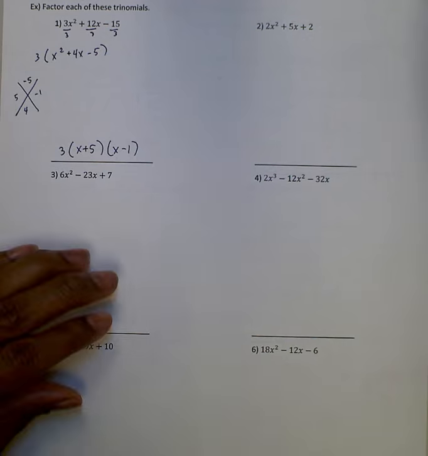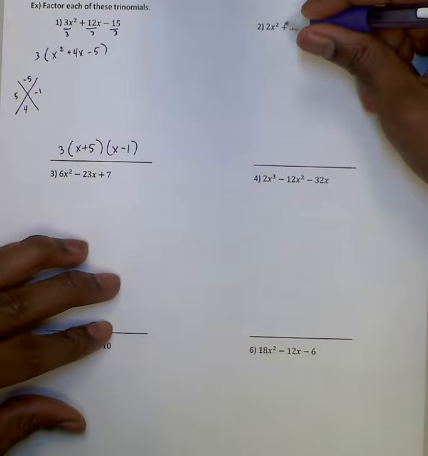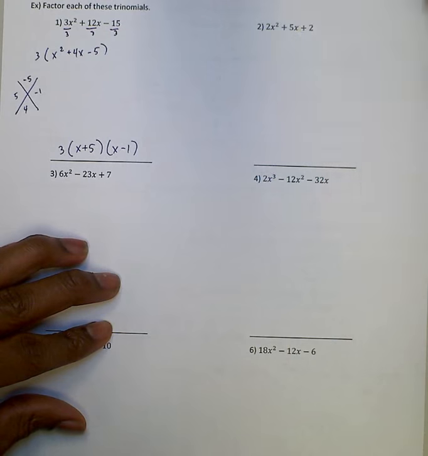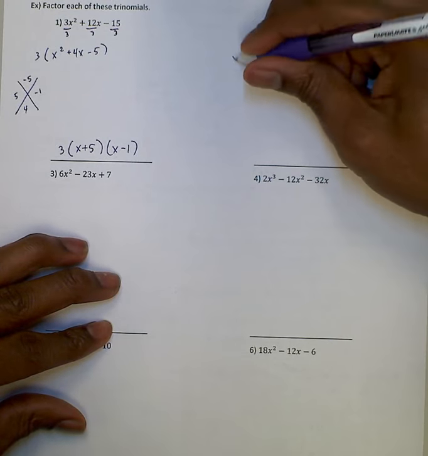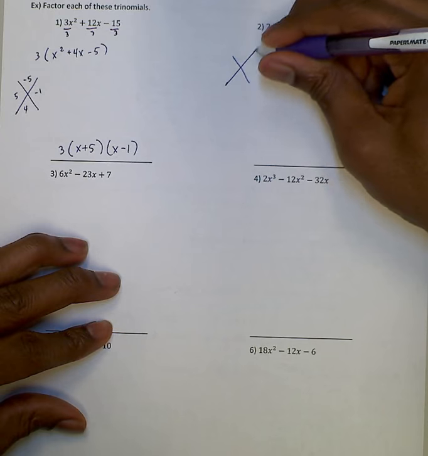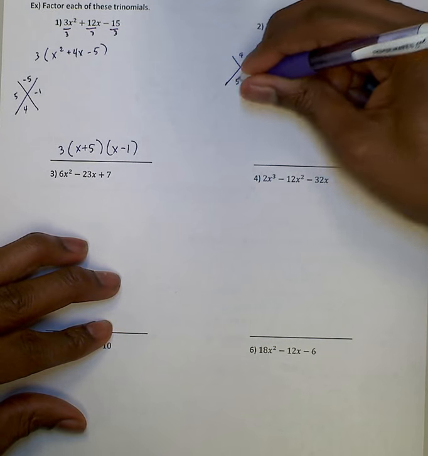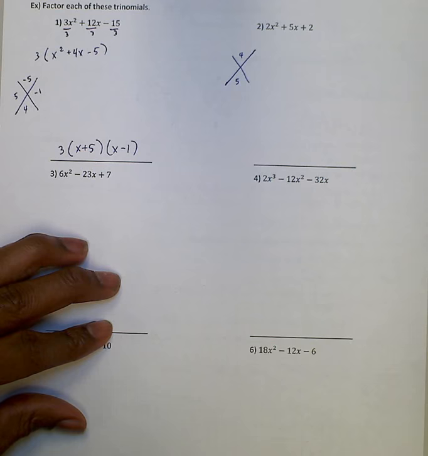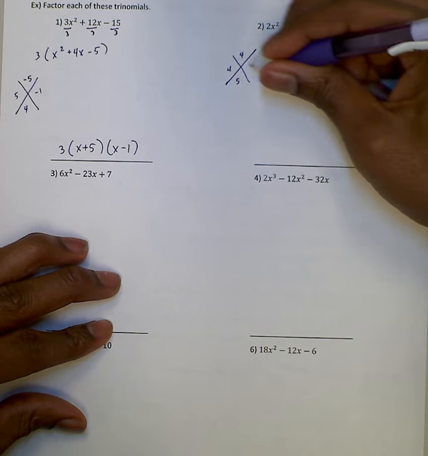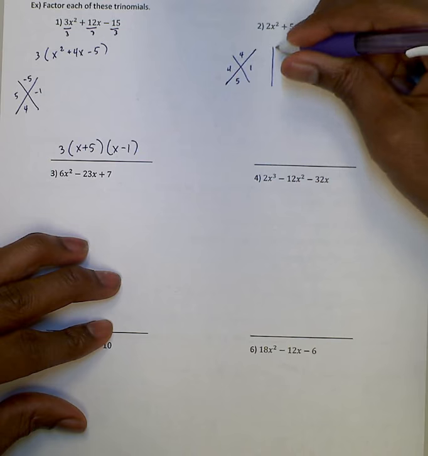Alright, second problem, I have 2x squared plus 5x plus 2. There's no GCF here, so now I'll use my x box method. I'm going to find two numbers that multiply to give me 4 and add to give me 5. Those two numbers, 4 and 1. So box now.